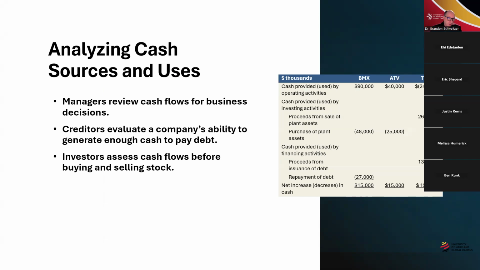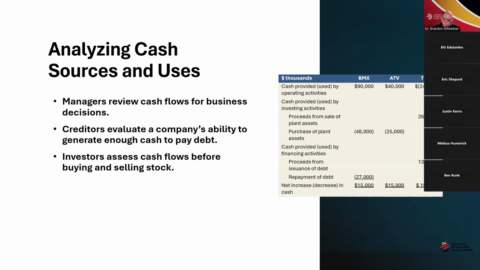Managers need to review cash flows for business decisions. Creditors look at the statement of cash flows to evaluate the company's ability to generate enough cash to repay any of their debts. And investors assess cash flows before buying and selling stock.